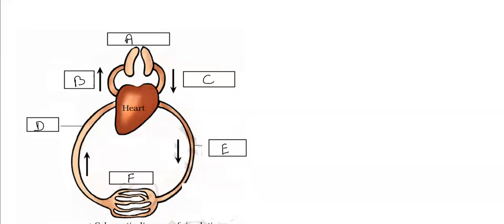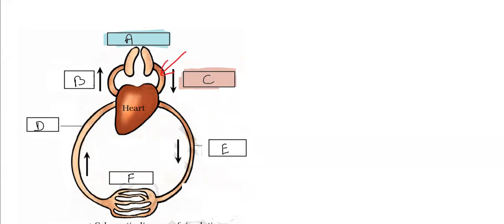This is, as you can see, a schematic diagram of circulation of blood. So this will be called the lungs, right? As you can see, this is the lungs, and the blood enters into the heart through this, the pulmonary vein.